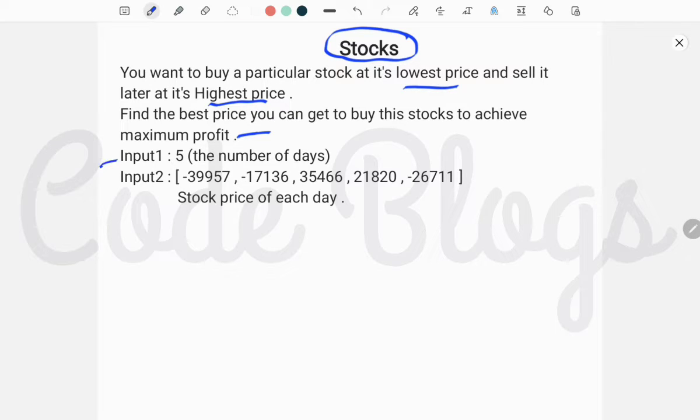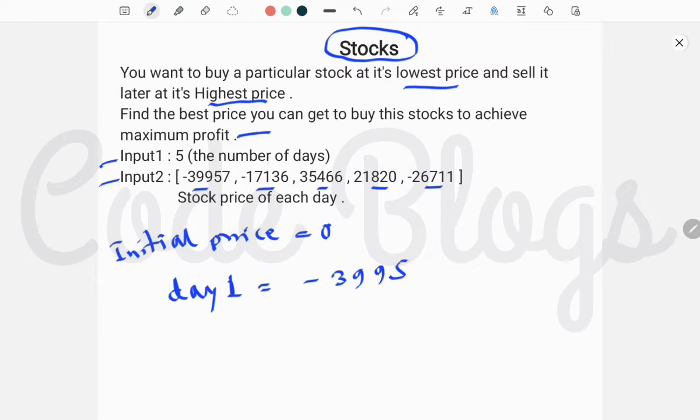So input one is 5, which represents the number of days. Input 2 represents an array, that means the stock price of every day. Every day this array represents the stock price. The initial price of the stock is 0. On day 1 the value becomes minus 39,957.